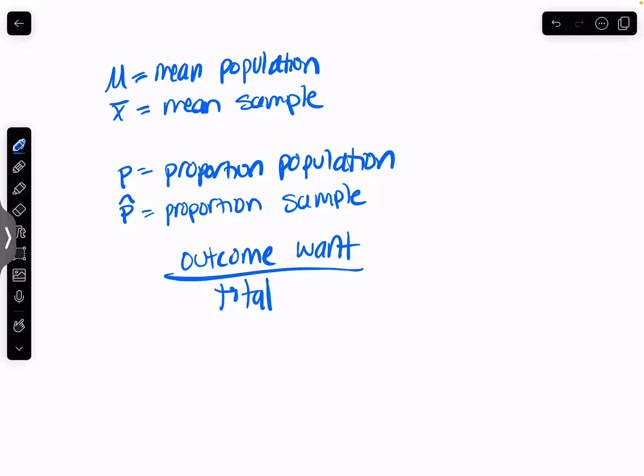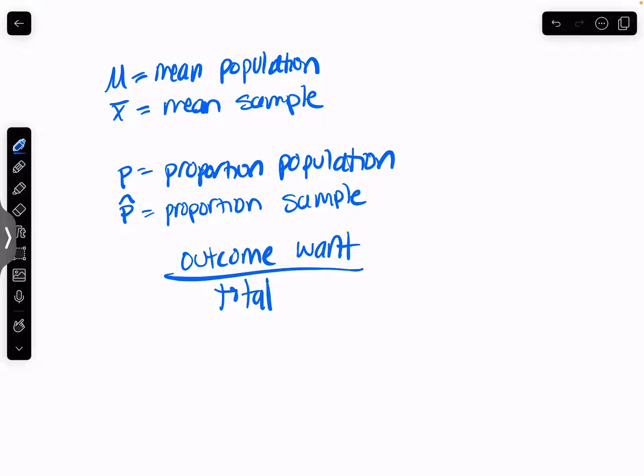So we want to calculate the margin of error, and with that margin of error we can tell how far we are from approximating the actual mean, or the same thing with the proportion. We want to find an interval of plausible values for our mean, or for our proportion. Now we have some requirements that we have to meet in order to do this.